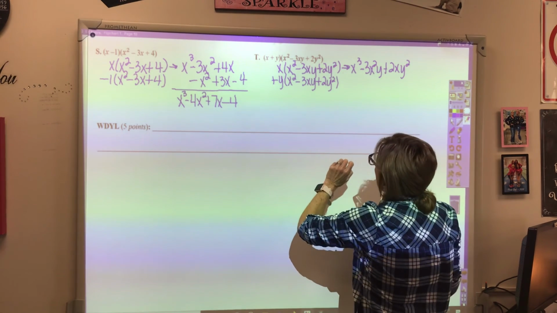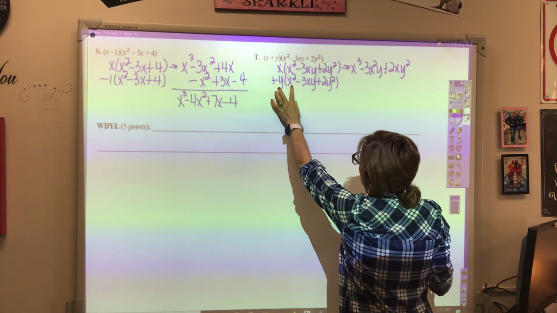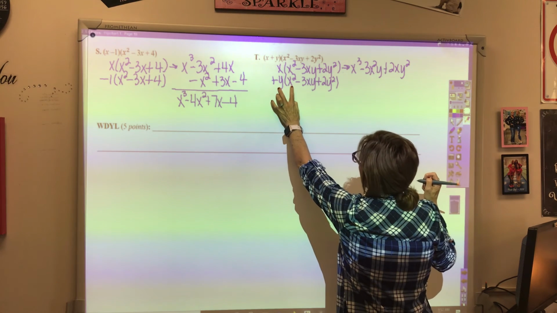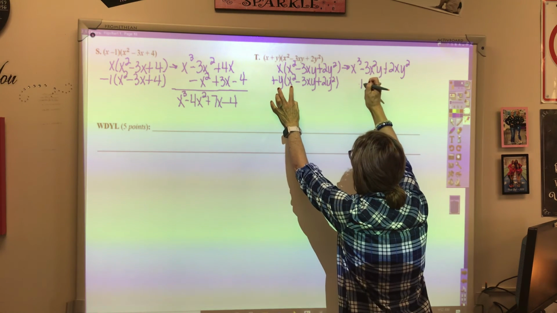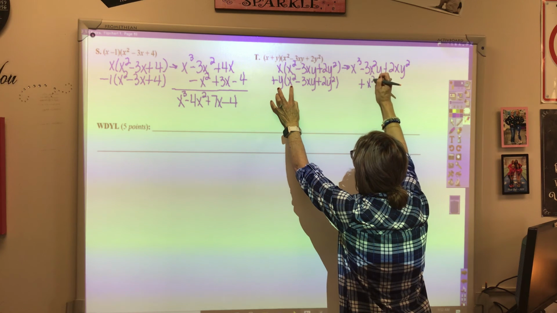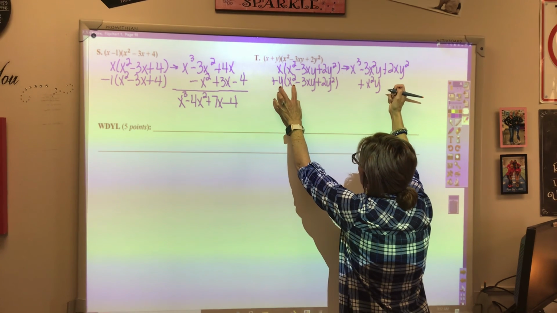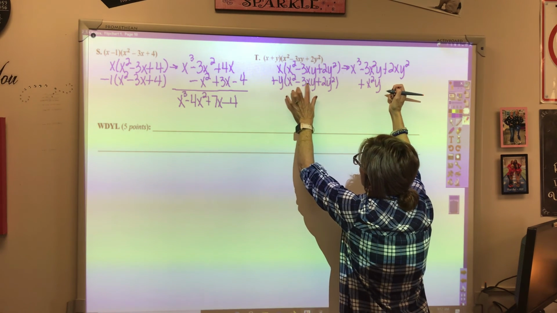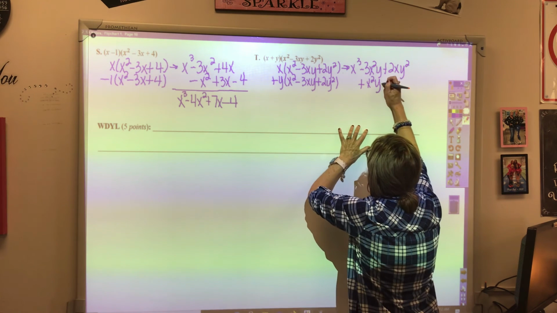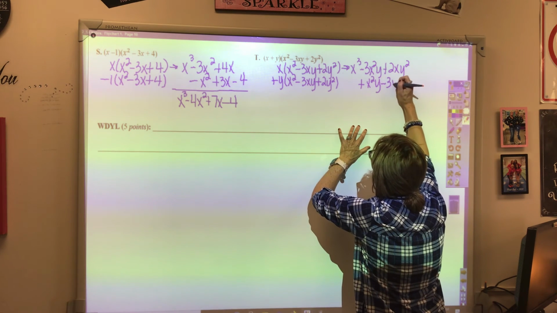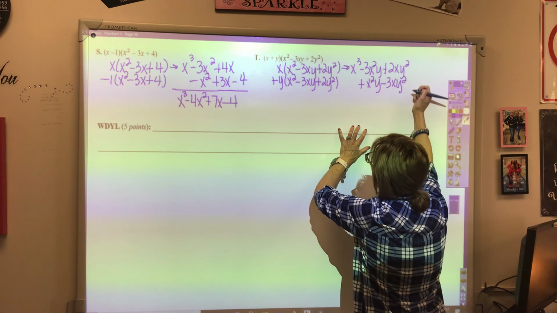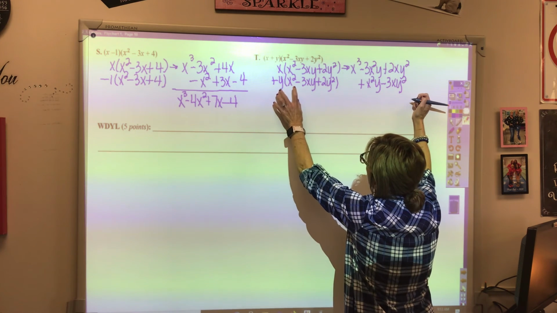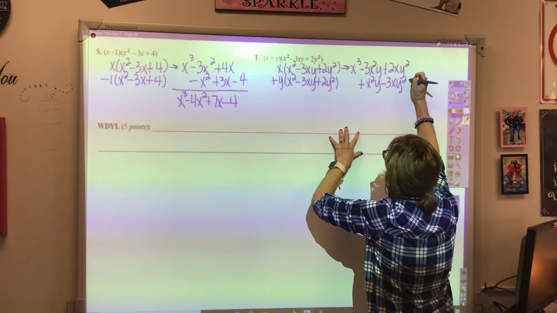Now on the bottom, this would be a plus x squared y, so we'd put it under the other x squared y. Then we're going to have minus 3xy squared, so that's going to go right here. And then we're going to have plus 2y cubed.